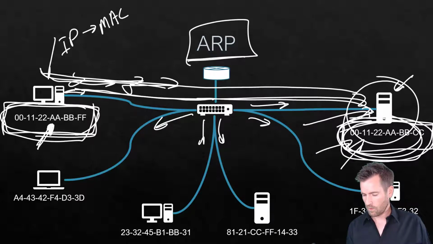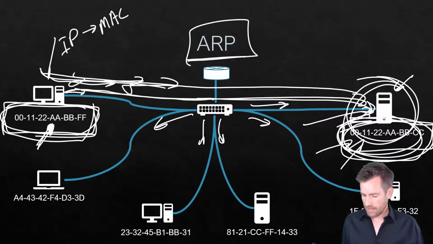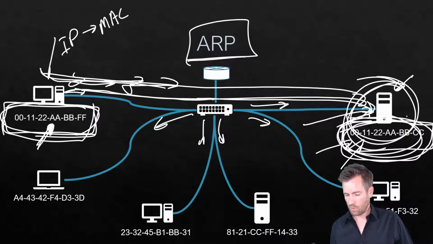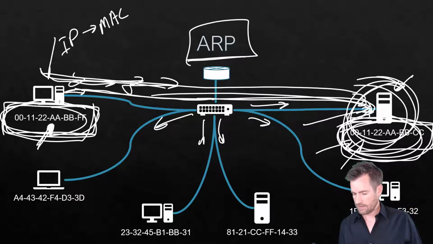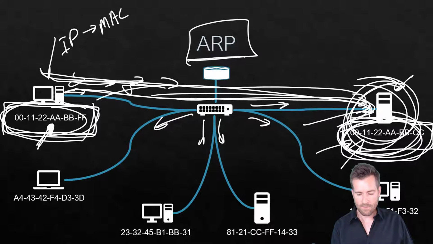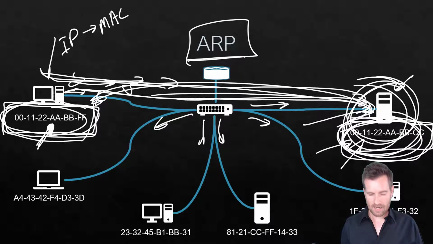This switch then will forward it on to this server right here, and then this server will get that information. Now, since this device has a source MAC address that it sends across, this machine knows, hey, I need to send it back. So when it replies, it uses the source address of this as the new destination address to get the information back.